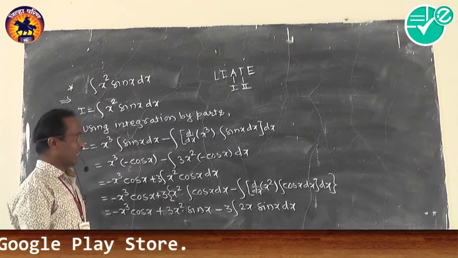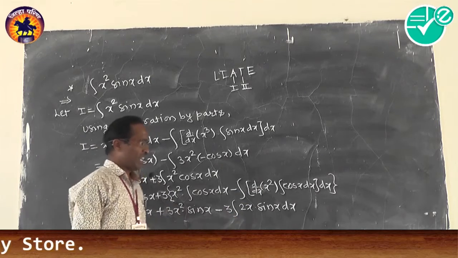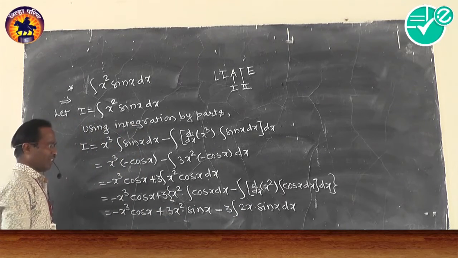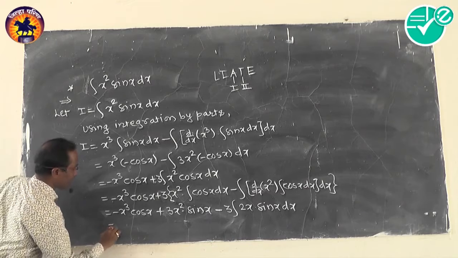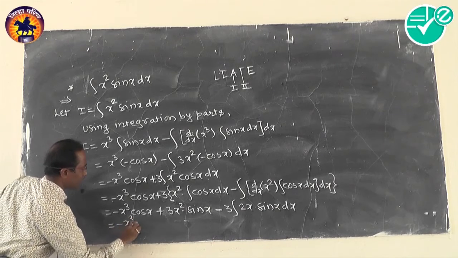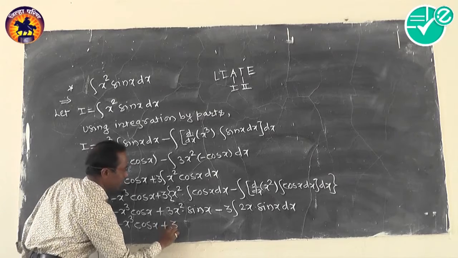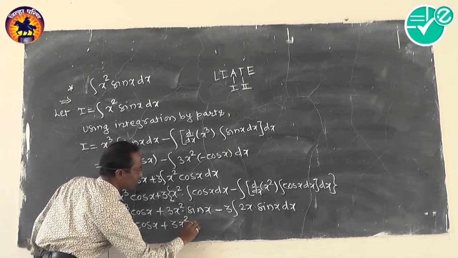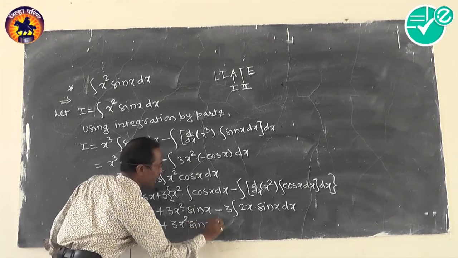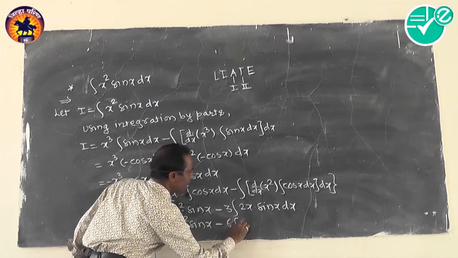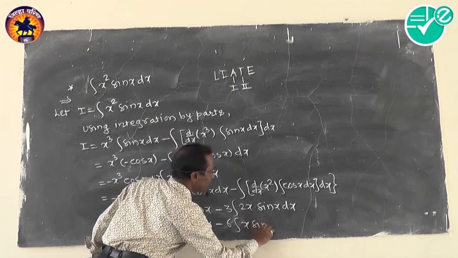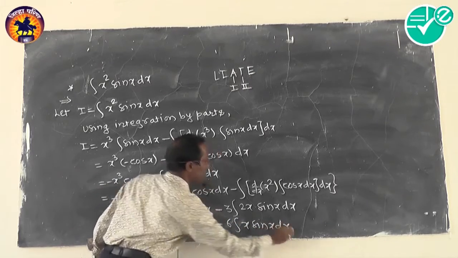Derivative of x square is 2x and integration of cos x is sin x. We get minus x cube into cos x plus 3x square sin x minus 6 into integral of x into sin x dx.